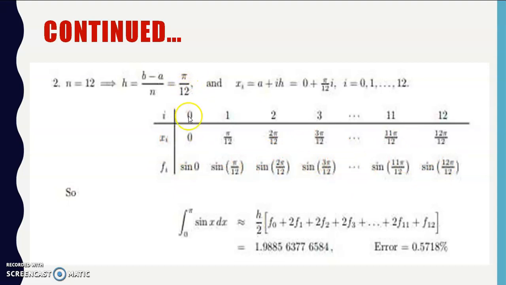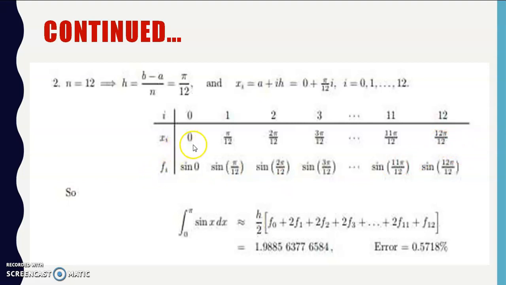Then 0 plus h, pi upon 12. Then pi upon 12 plus pi upon 12 will give you 2 pi upon 12. So on, we find the values of x. The last value will be 12 pi upon 12, means the upper limit. Upper limit is pi.